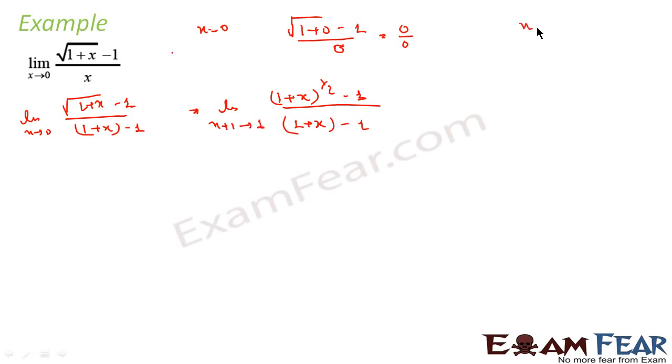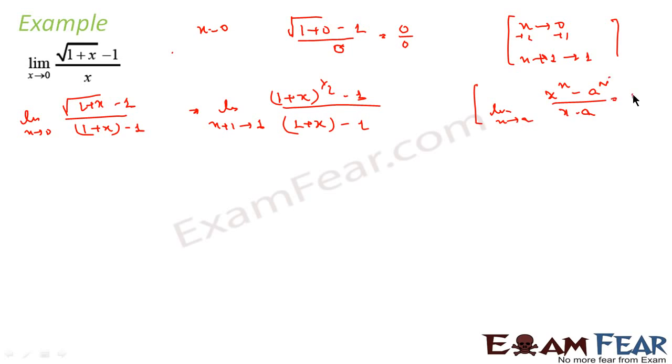When I say limit of x tends to 0, if I add 1 on both sides, this becomes limit of x plus 1 tends to 1. Both are same actually. Why have I done this? Because I know this formula, x to the power n minus a to the power n by x minus a, where limit x tends to a, this value I know, this becomes n a to the power n minus 1, correct?